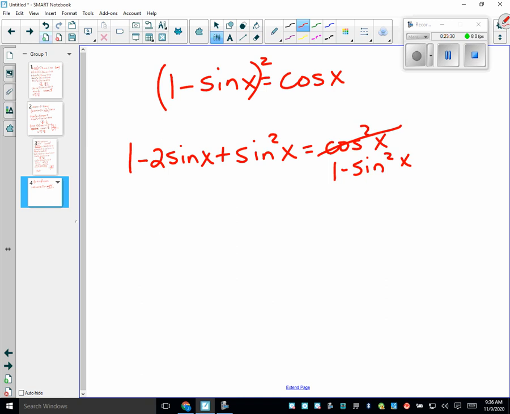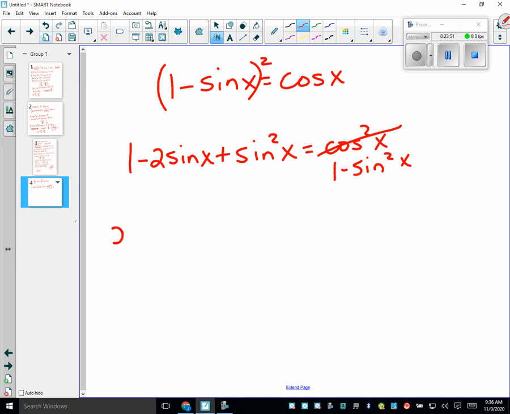I need to get the problem equal to 0. So don't I need to move this over here? When I move this over here, how many sine squareds do I have? 2.